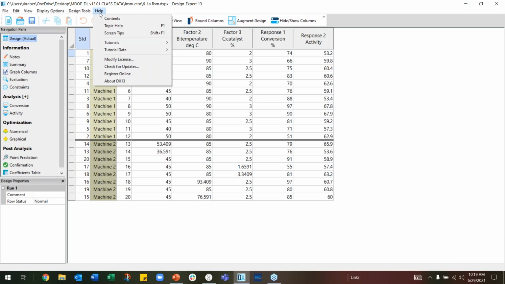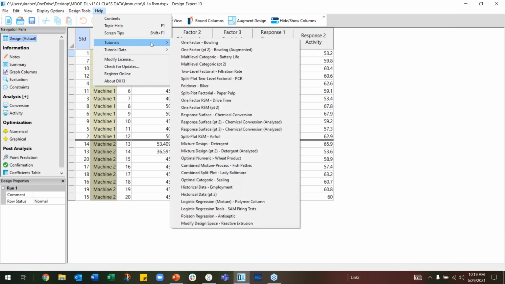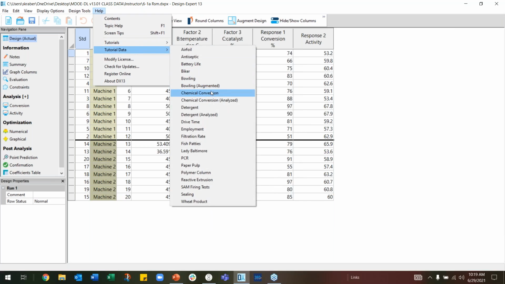To find the tutorials, you go into the help, you go to tutorials, and we're going to look at this response surface chemical conversion tutorial. And the data for this is found under tutorial data, chemical conversion. So here's the design with the data, and then here's a fully analyzed file for you.